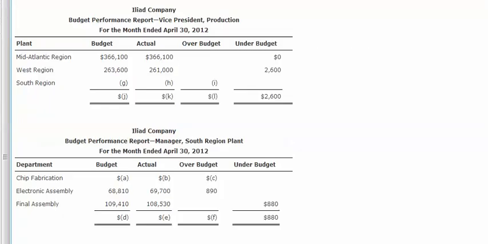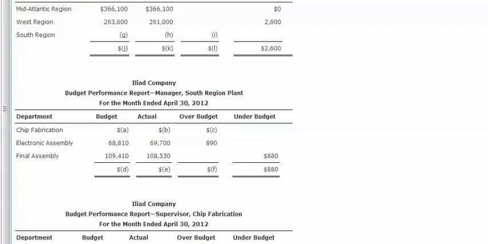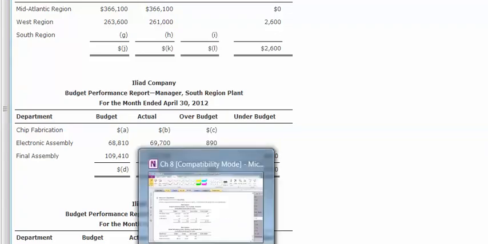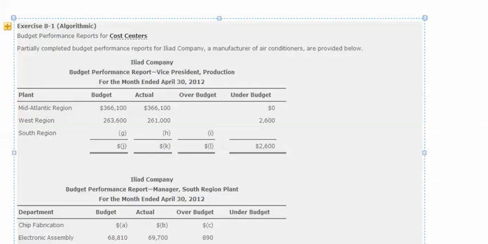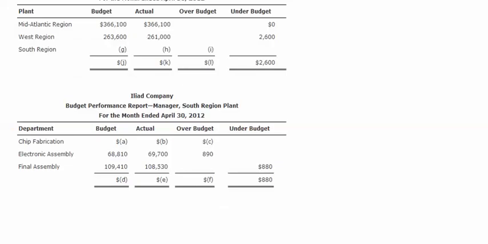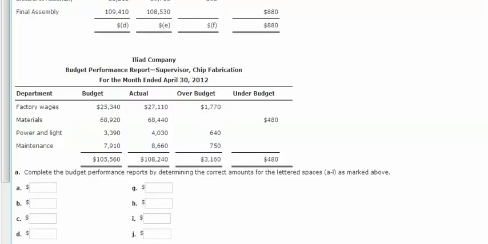So we're going to go ahead and go through, and we have all these different items. So let's go ahead and make our calculations associated with that. A, we have chip manufacturing budget. We have the actual budget for B and the over budget for C. So as I'm looking at this, for A, the chip manufacturing, the budgeted amount is going to be the $105,560.